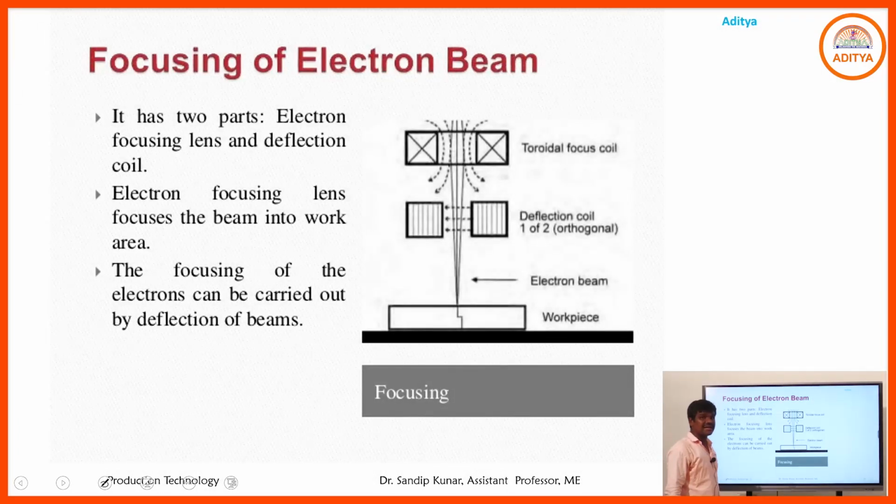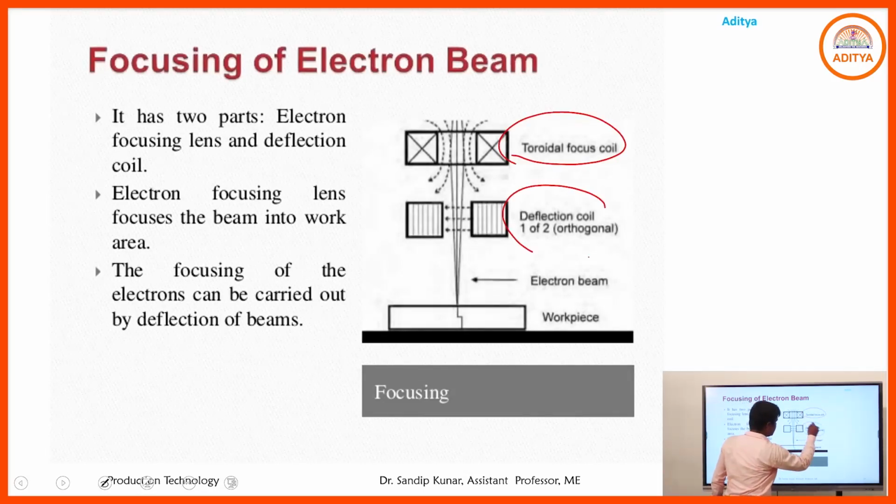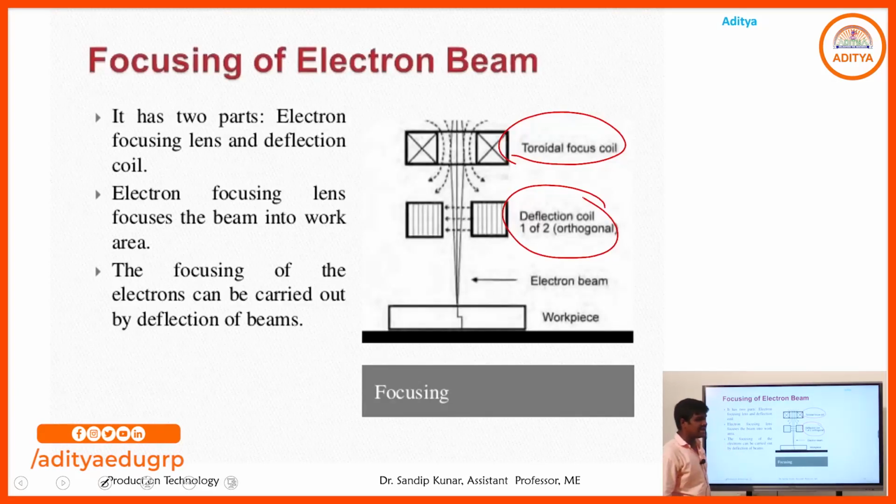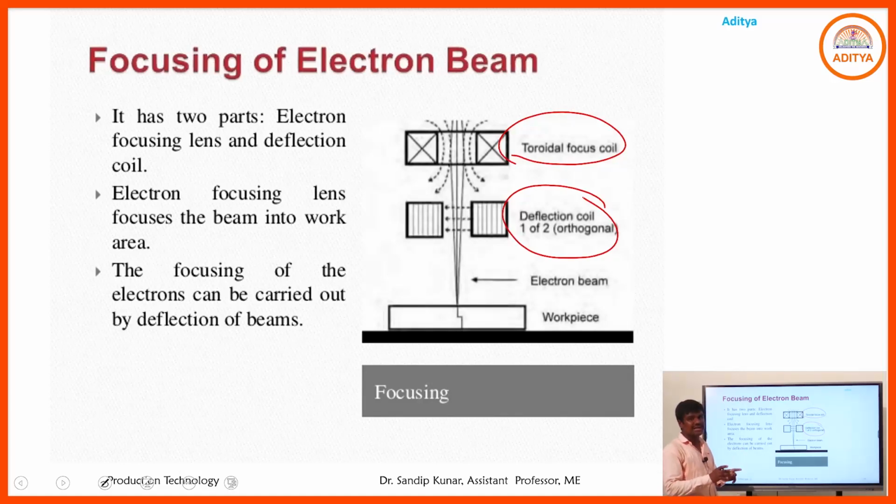Now, focusing of the electron beam. What is the function? Means here some equipment, toroidal focusing coil and deflection coil, that type of coil helps to control the flow of the electron beam. The main objective of those coils is to control the flow of the beam so it strikes the proper welding joint of that particular material.